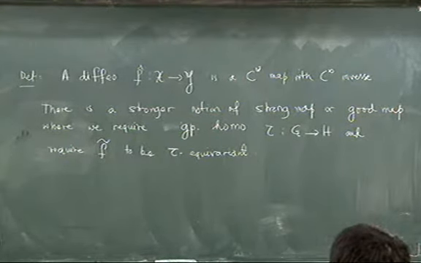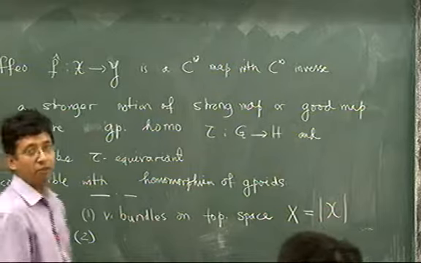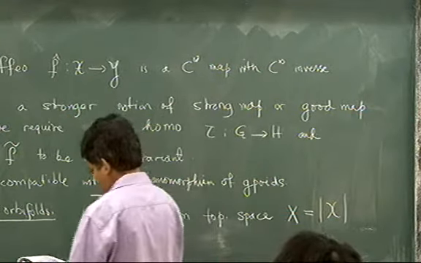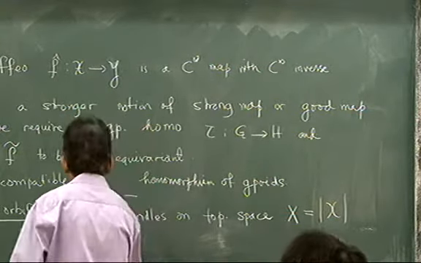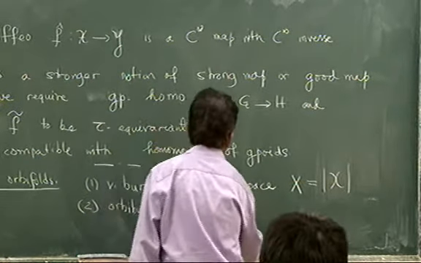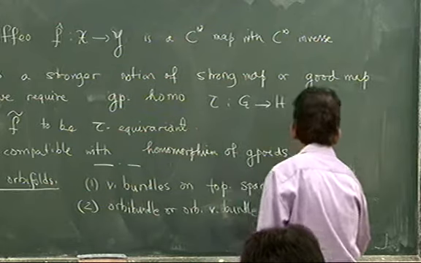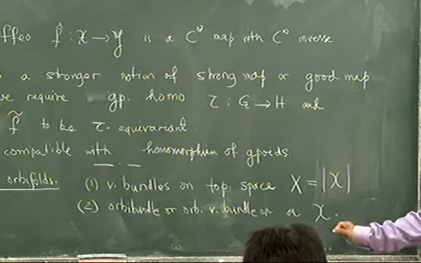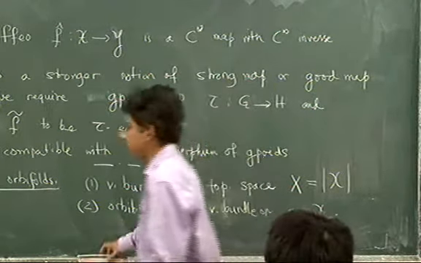One is, of course, you can have vector bundles on the underlying topological space X. And number two is so-called orbifold vector bundles, or orbibundles, on X. Let's look at this second type of object.